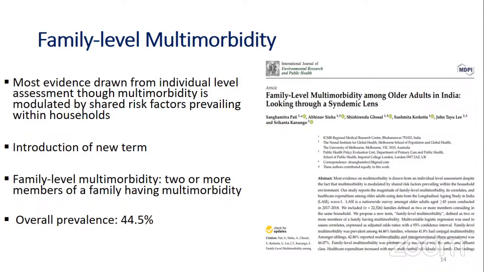For example, if husband and wife both have hypertension, they could cook the food without salt, or they can add less salt. But especially within the Indian household system, if the husband has hypertension and the wife doesn't, most of the time whatever the husband eats, the wife will also eat the same food.